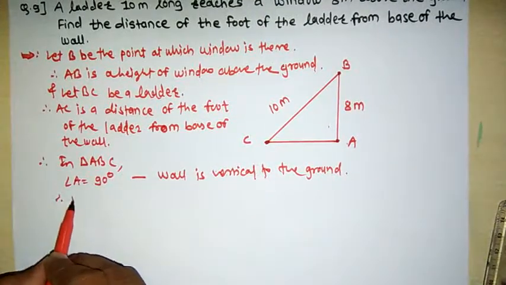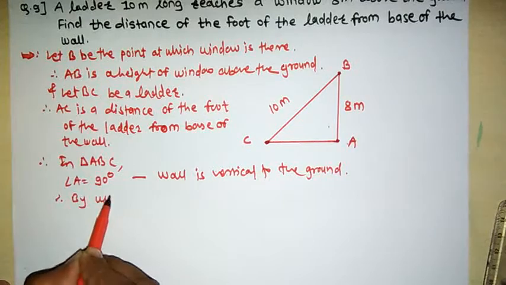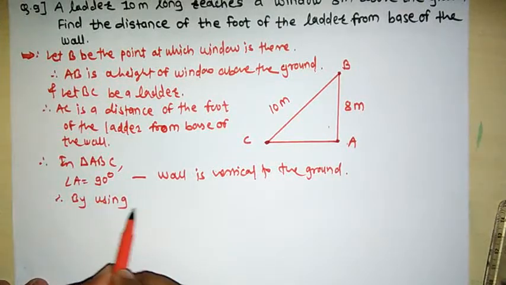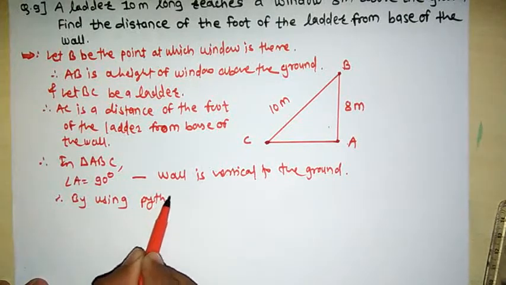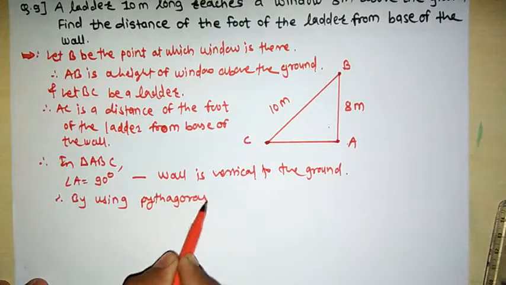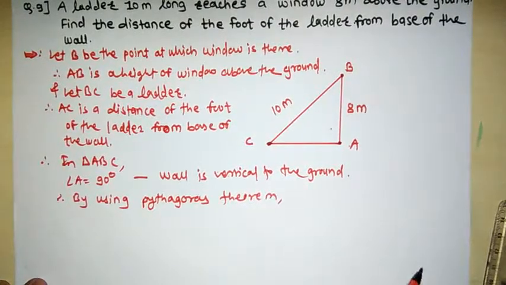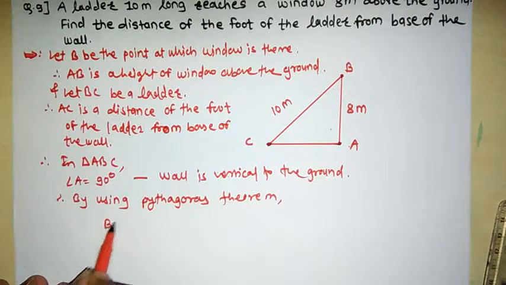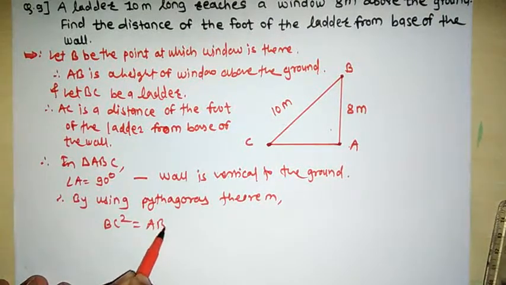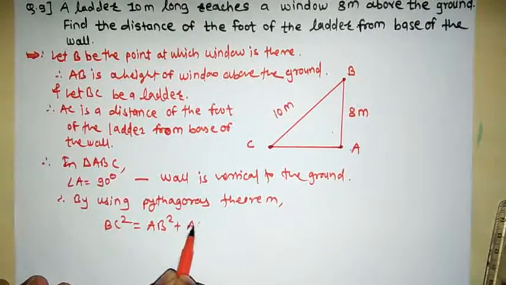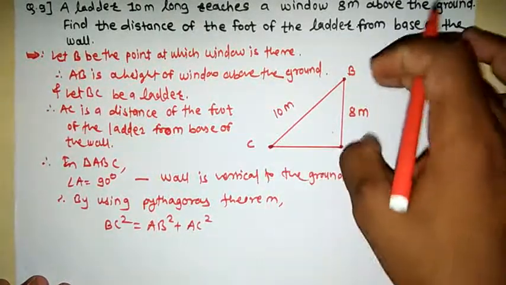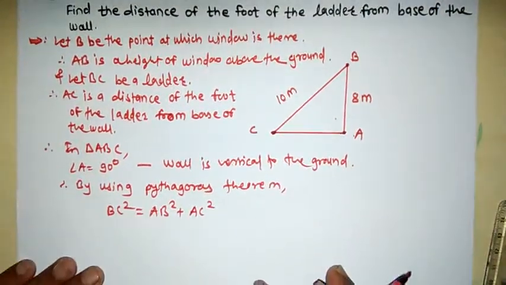Therefore, by using Pythagoras theorem, BC square is equal to AB square plus AC square.